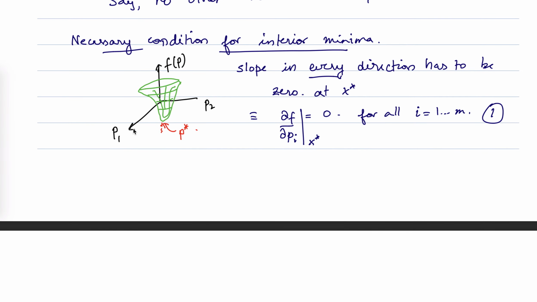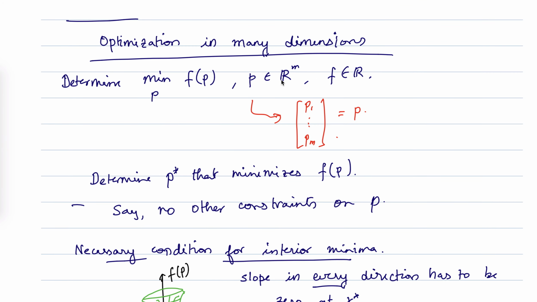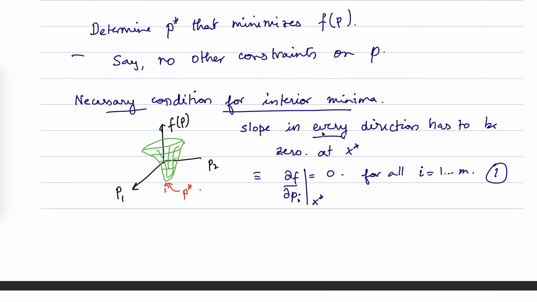Necessary condition for an interior minimum, not at infinity, right, is just like before, the slope needs to be equal to 0, but because we are now in m dimensions, the slope in every single direction in that m dimensional space has to be 0 at the point, well, p star here, right?